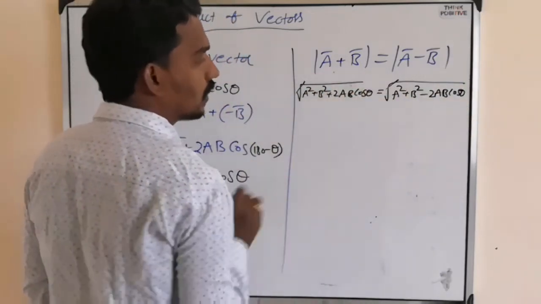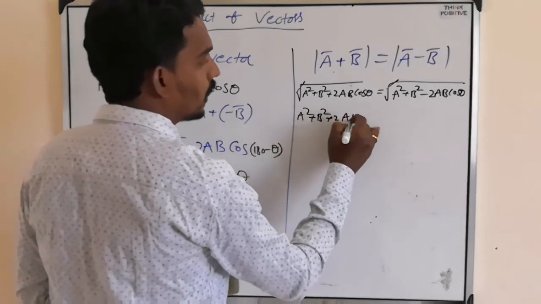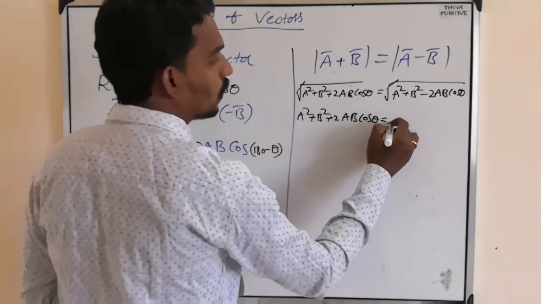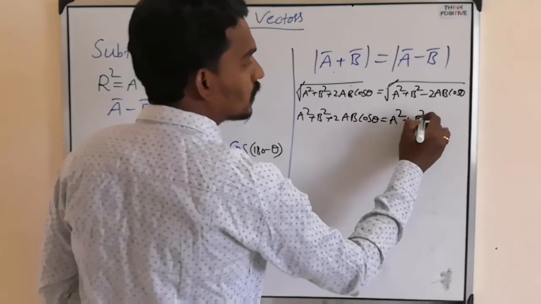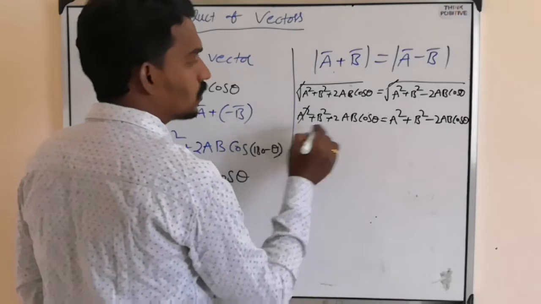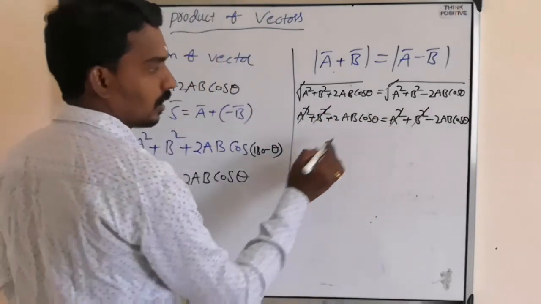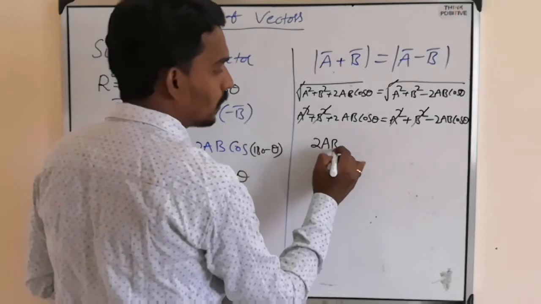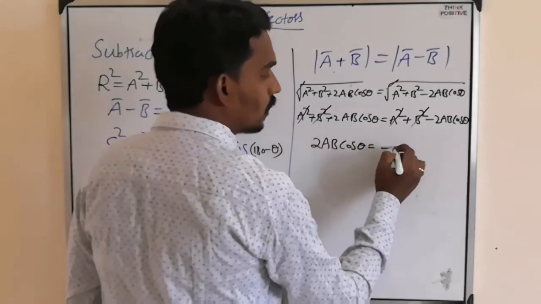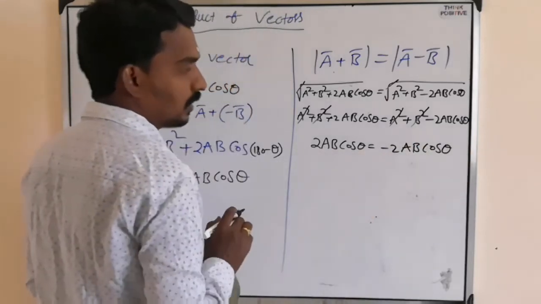Square roots get cancelled. Then A square plus B square plus 2AB cos theta equal to A square plus B square minus 2AB cos theta. A square cancels. B square cancels. So here remains 2AB cos theta, here remains minus 2AB cos theta.